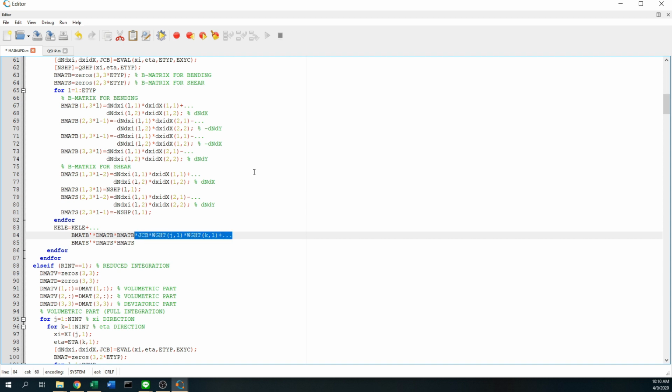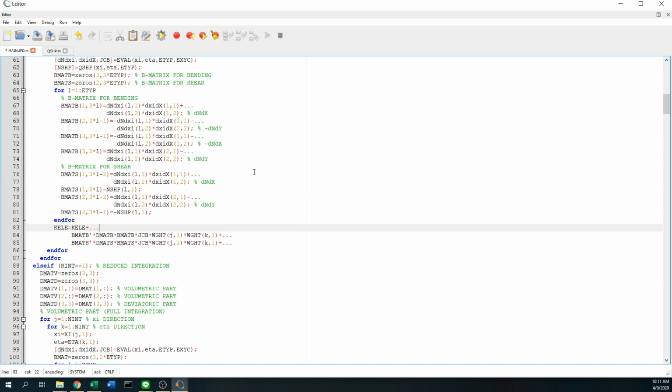If we don't do the reduced integration, then it's gonna be like this. Okay, that's it. Now we get the element stiffness matrix for the plate bending.